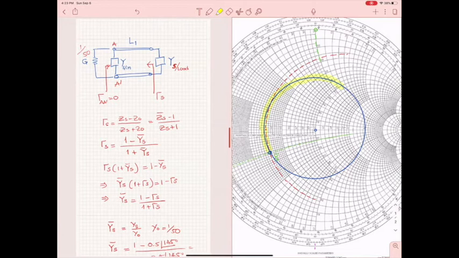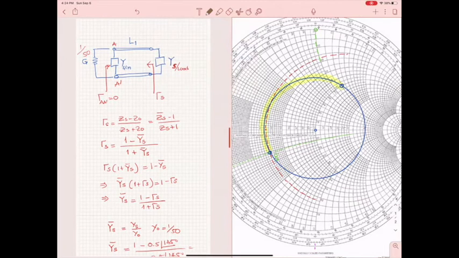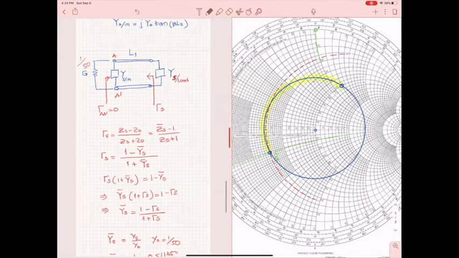I will go until this point here, where this point has the real part normalized equal to 1. And that is going to get me exactly here.